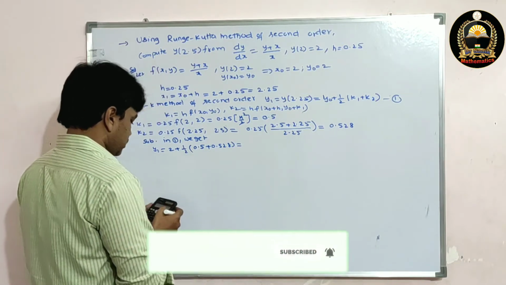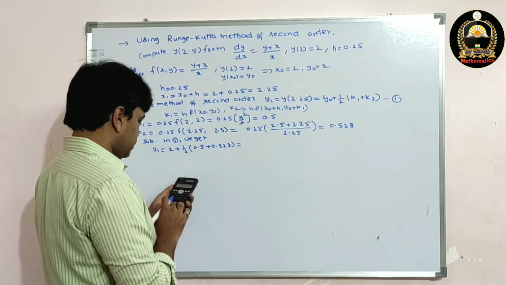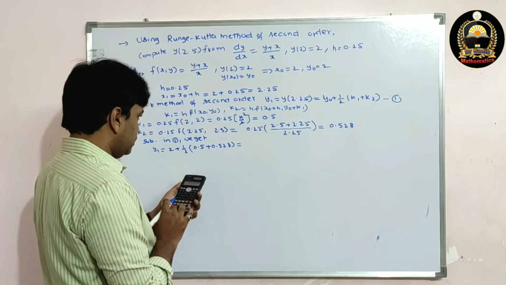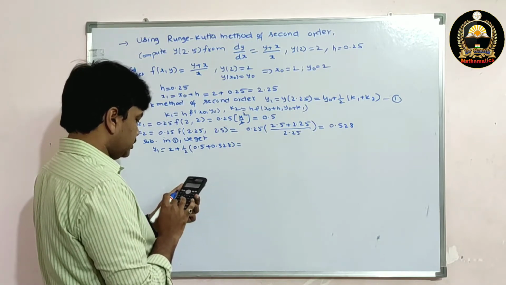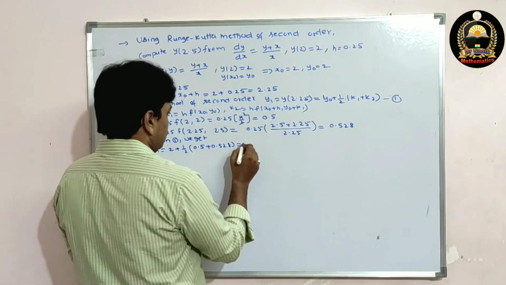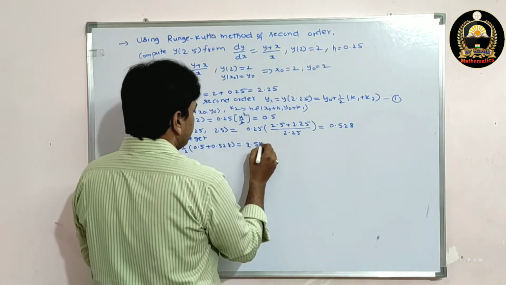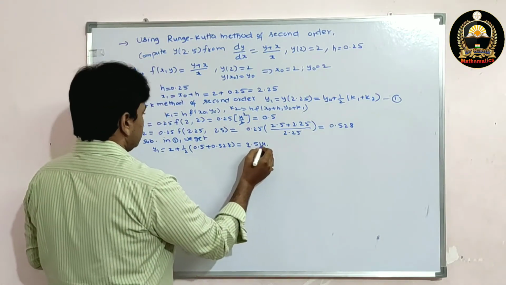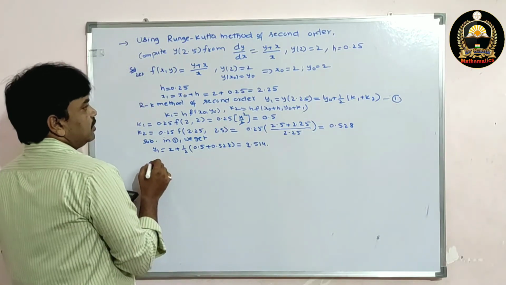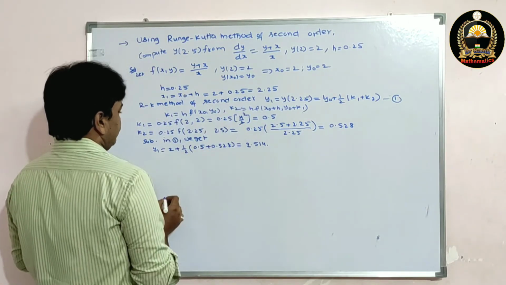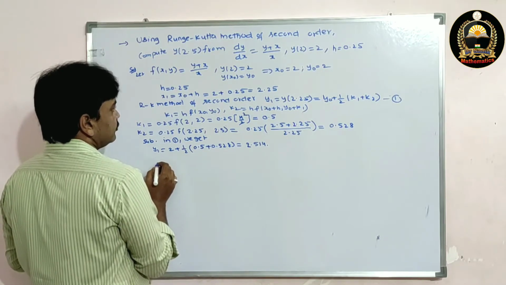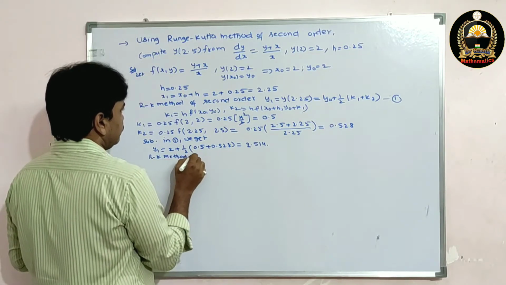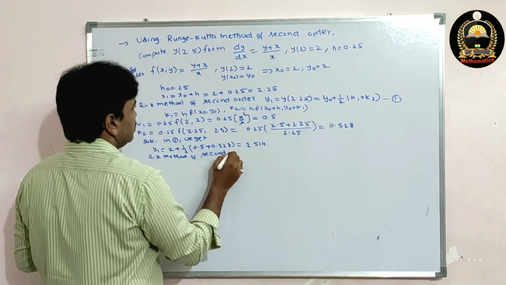That is equal to 2 plus 0.5 into (0.5 plus 0.528), which is 2.514. Now this is y1 value, students, and x1 is 2.25. So now RK method of second order.